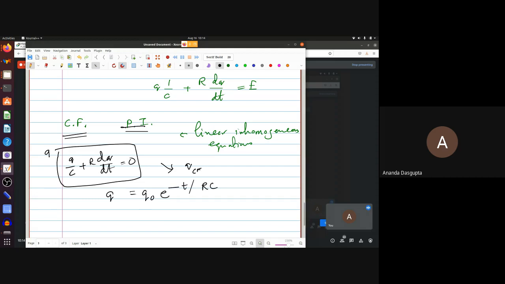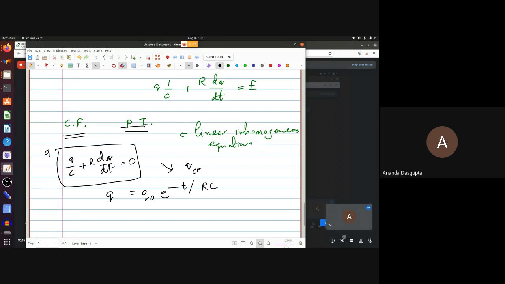So this solution is an exponential decay, and as a result, after some time goes by, e to the minus t by RC becomes nearly 0, so this part simply vanishes. So in the long run, the complementary function plus particular integral, which is the actual solution, is one in which the complementary function dies down completely and you're left with the particular integral alone. So what you have got is steady state.